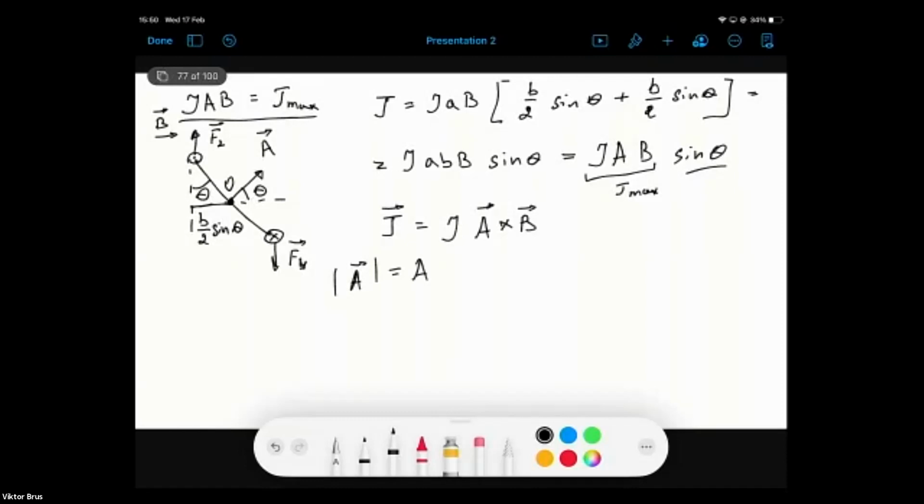But in order to define its direction, we can use the rule of the right hand. One second, I will share my screen.